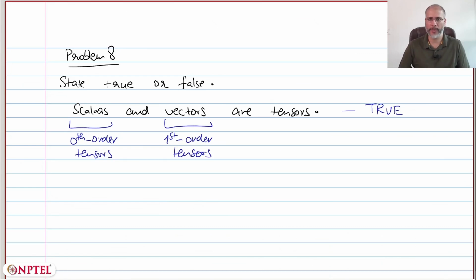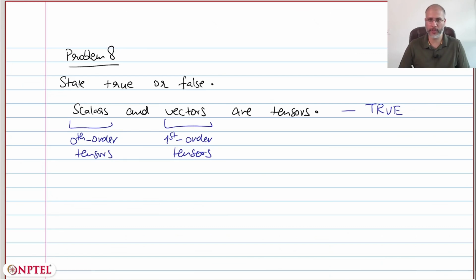We started with an intuitive understanding by defining scalars as 0th order tensors, because we need only a magnitude in this case. In vectors, we need 3 components, and in higher order tensors, depending on the order of the tensor, we need 3 to the power of n components.